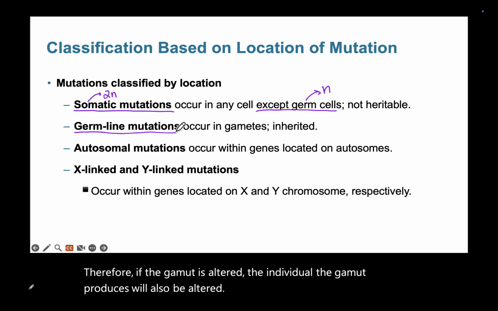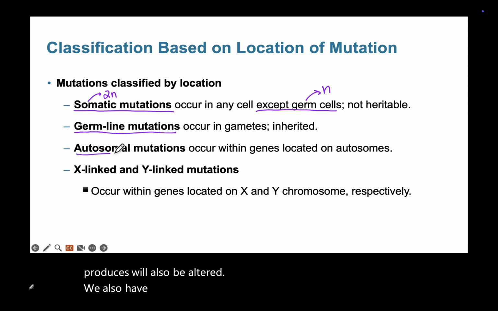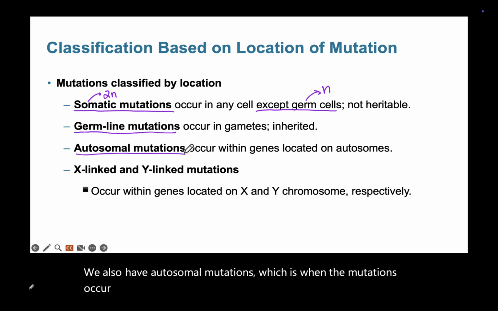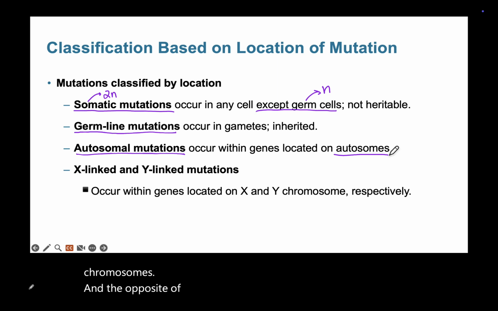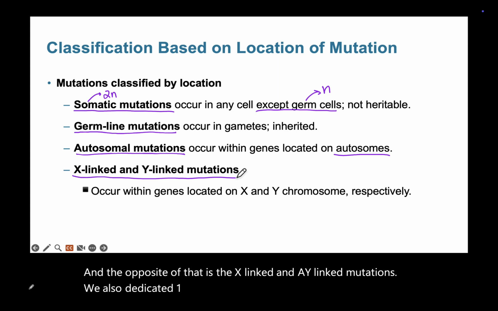We also have autosomal mutations, which is when the mutations occur in genes located in the autosome chromosomes, which is, in the case of humans, any of the 22 pairs except the sexual chromosomes. And the opposite of that is the X-linked and Y-linked mutations. We also dedicated one class to talk about X-linked inheritance.